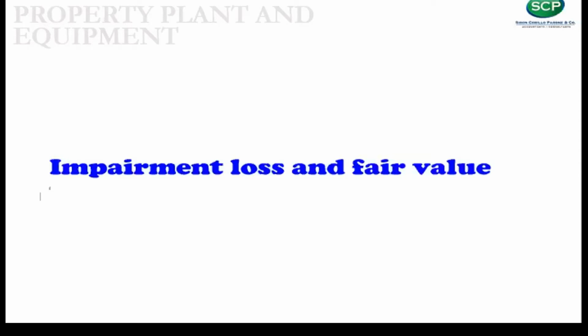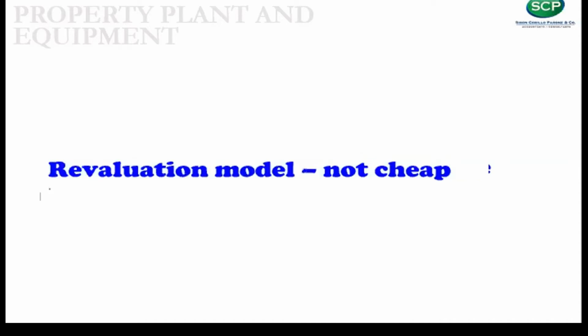To get the fair value of their fixed assets, companies typically engage the services of professional property appraisers. And the services of these appraisers do not come cheap. Remember, companies that opted to use the revaluation model have to engage the services of these appraisers more than once because revaluing of the fixed assets cannot be done only once.